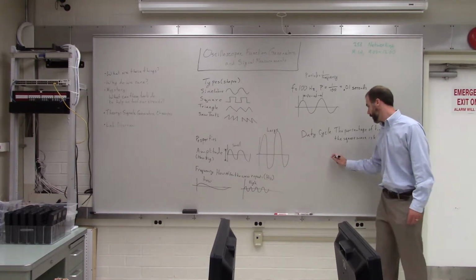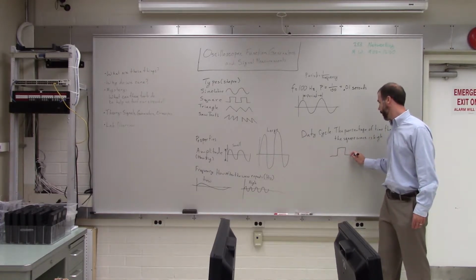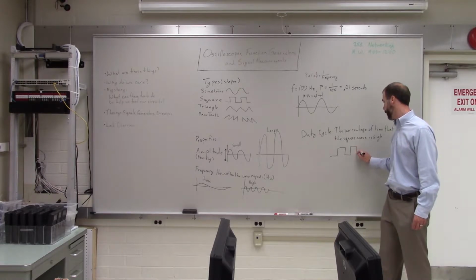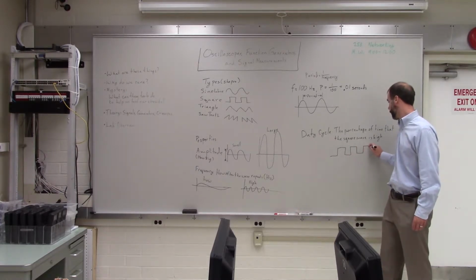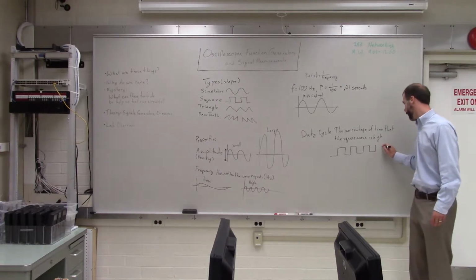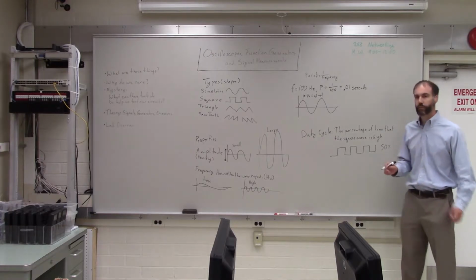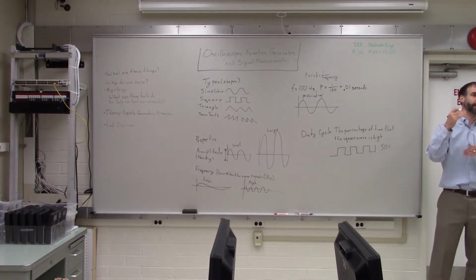So for instance, if you had a square wave that was high as much as it was low, up for the same amount of time that it was down, that would be a 50% duty cycle, because it's on for half the time and off for half the time.